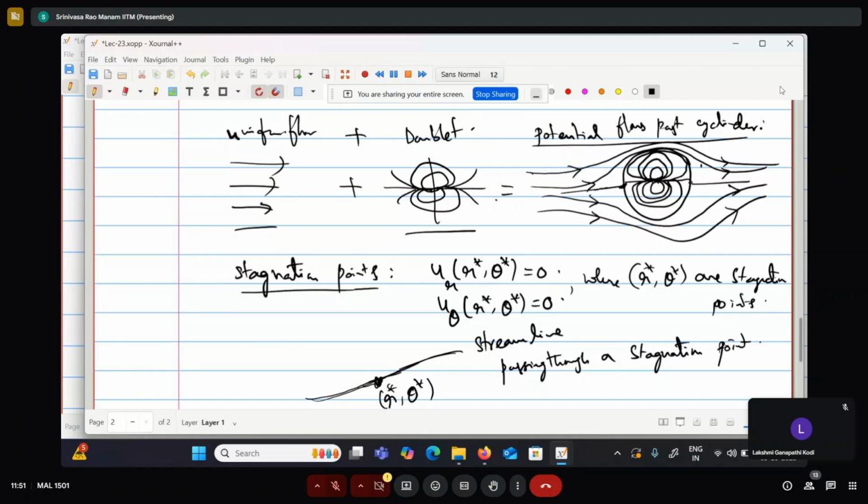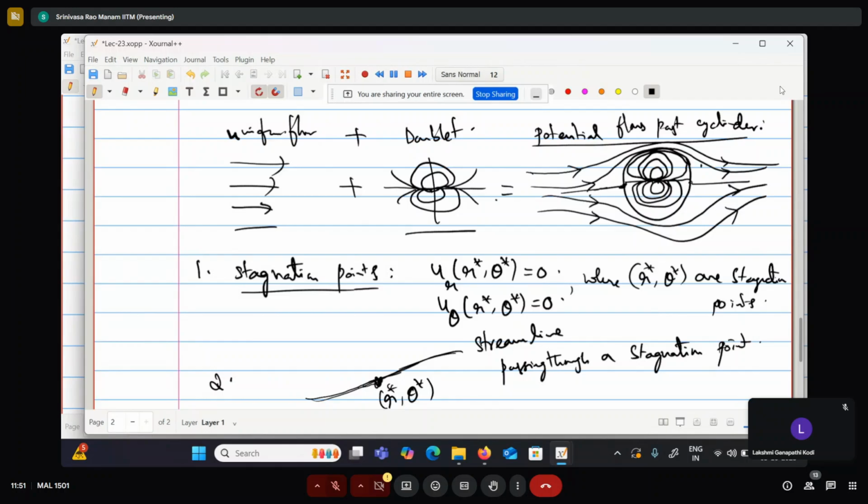This is what I'll try to do in the next class. So understand this one slowly. This is done in two stages, 1 and 2, and these are the two crucial points. You understand the meaning of stagnation points. Through the stagnation points, you try to understand the streamlines, which separate the flow inside and outside. Basically, you are separating the doublet and uniform flow, so the whole doublet you can remove.